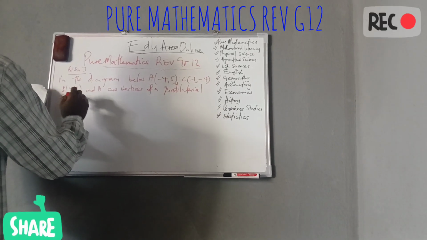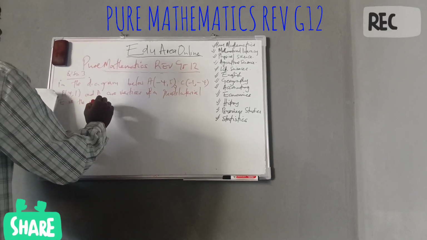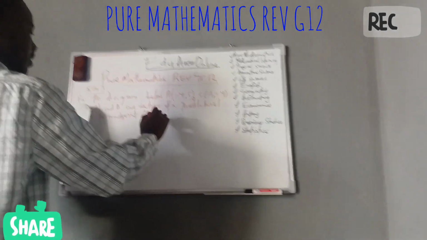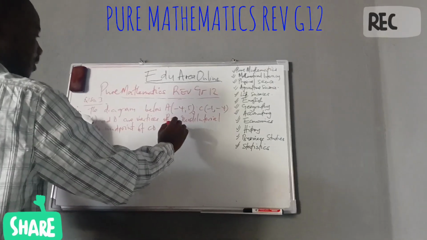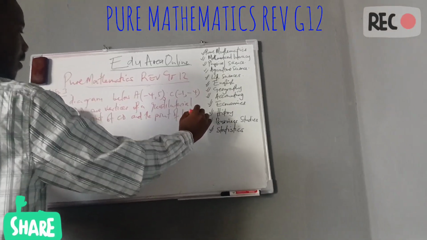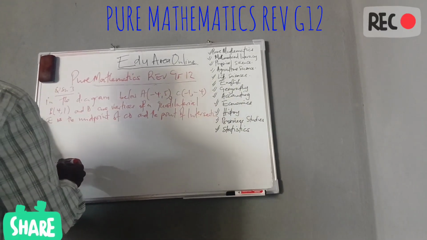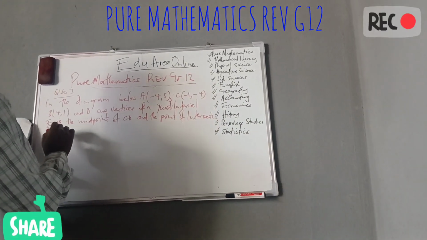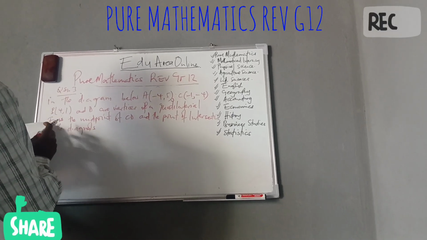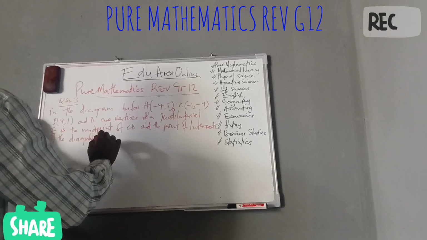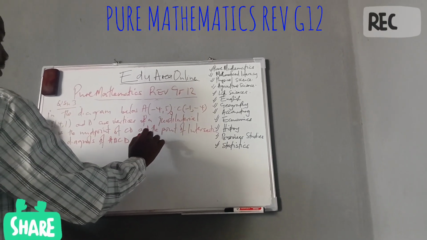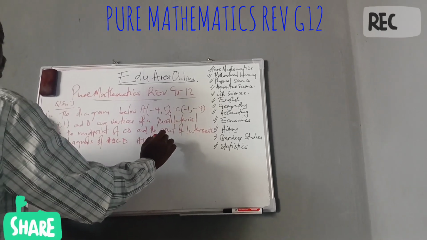E is the midpoint of CD, and the point of intersection of the diagonals of ABCD.